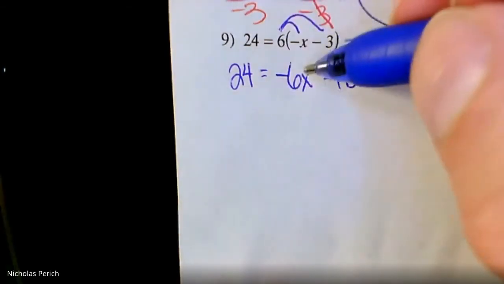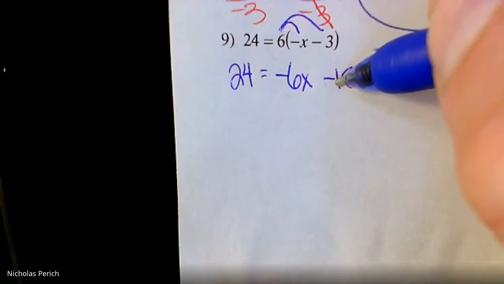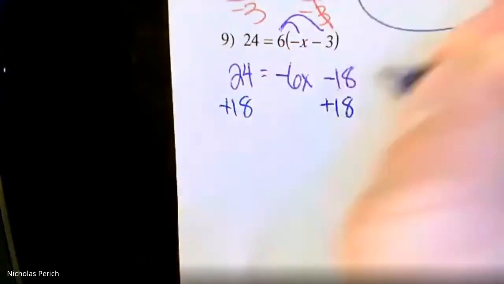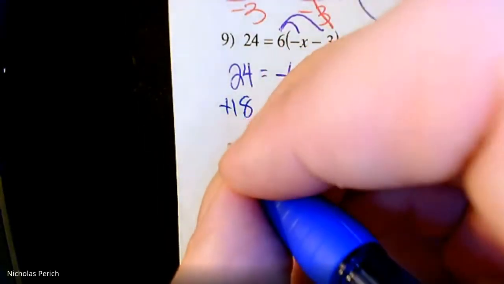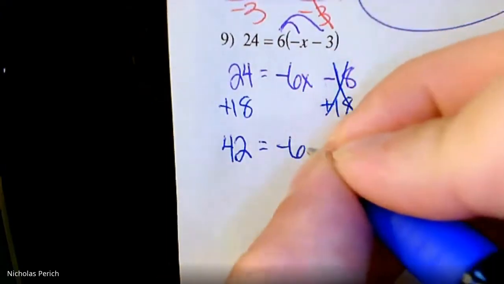Is x all by itself? No. Negative 6 is being multiplied to x. I also have negative 18 floating around. I'm going to add 18 to both sides. 24 plus 18 is 42 equals negative 6x.